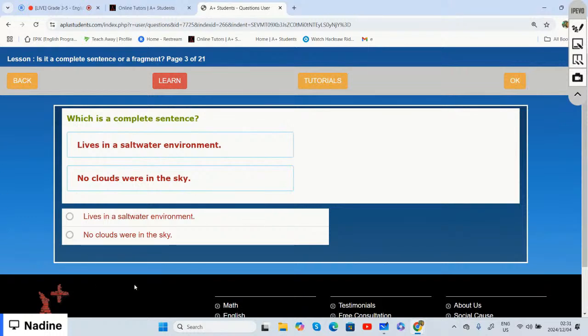All right, we need to say which one is a completed sentence, meaning it has a subject and it has a verb. It says lives in a saltwater environment, or option two, no clouds were in the sky.